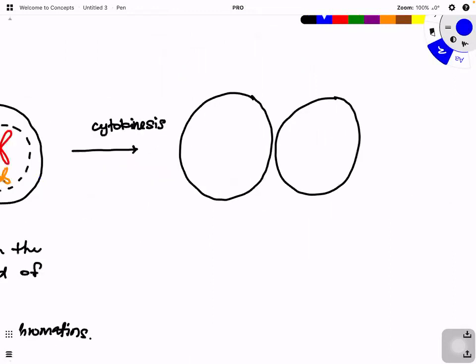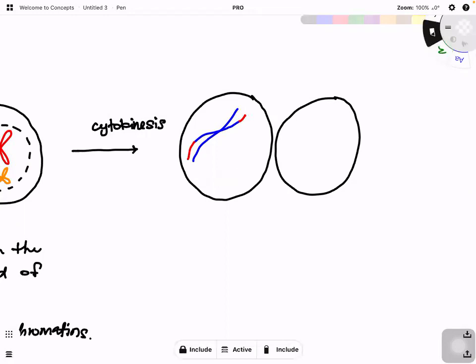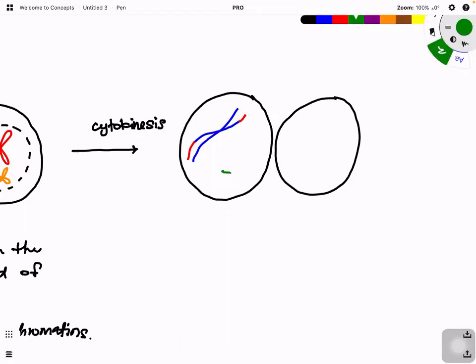They are uncoiled already, so you can see the blue color with a little bit of red. Green color, a small chromosome, sorry, with a little bit of orange.